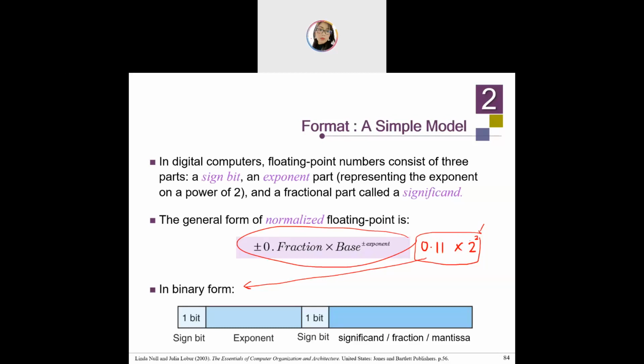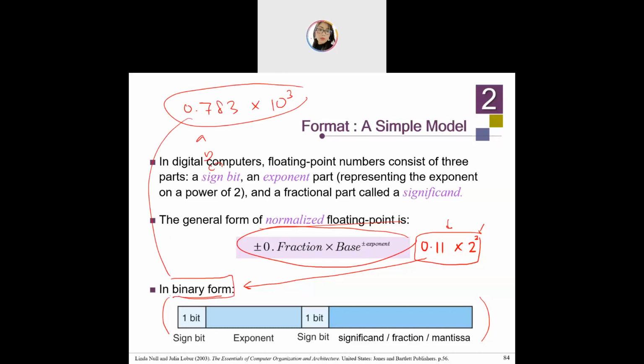How do you want to convert this normalized floating point format to the binary form? You need to remember this format, because in the question you may be given just a value like 0.783 times 10 to the power of 3. You need to represent this and pick A, B, C. Which one is the correct binary form?